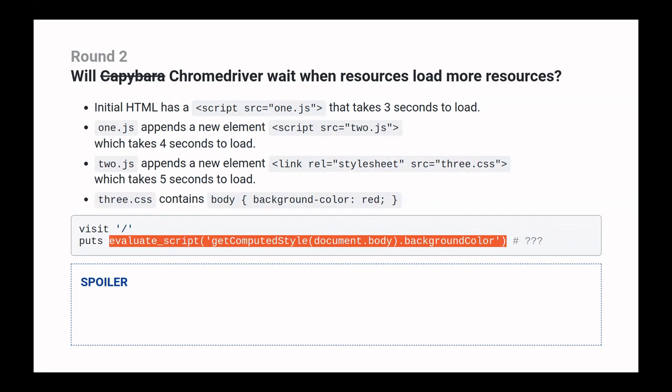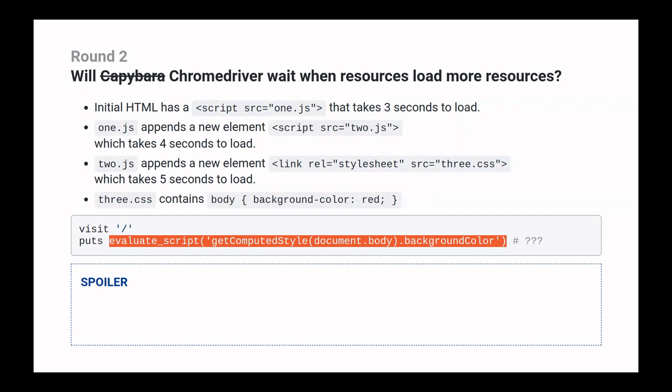Okay, so Eve in the chat asked whether the wait behavior only honors resources that are specified in the head, or can they also be in the body? They can be in the head or body. It doesn't really matter.